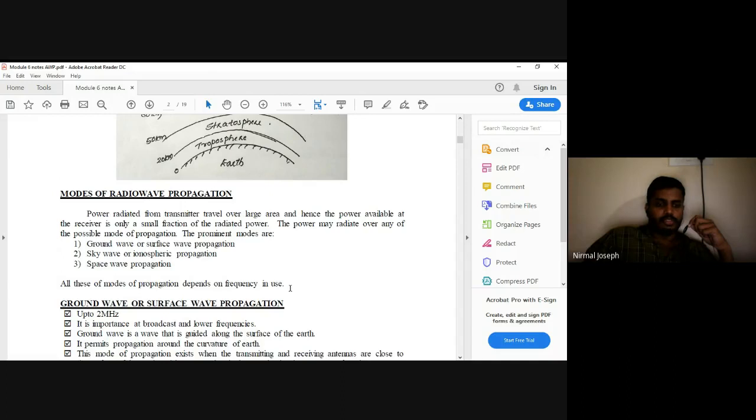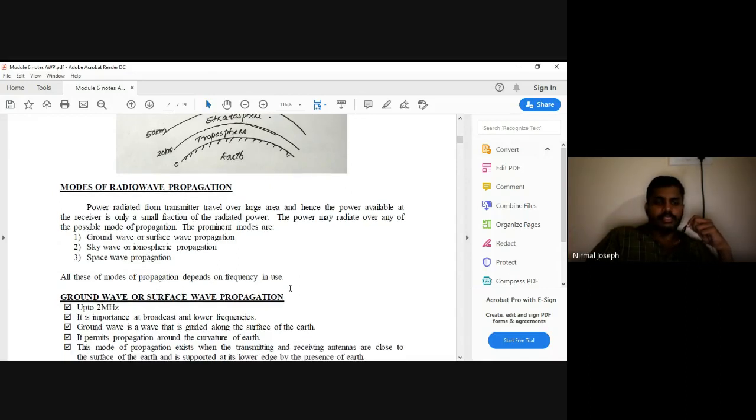The frequency used for ground wave propagation may not be suitable for sky wave propagation, and the frequency used for sky wave propagation may not be suitable for space wave propagation. So the frequency we take for communication decides the mode of propagation. We will see them one by one.